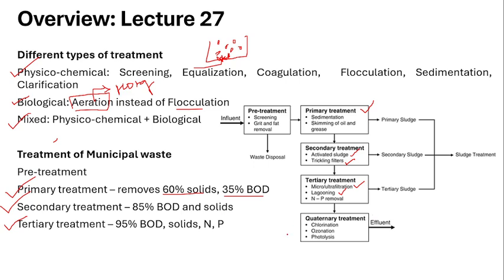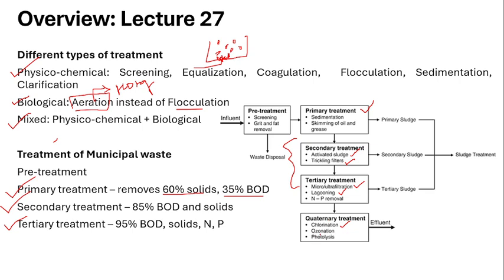Finally, the quaternary treatment is nothing but your disinfection. So disinfection is to ensure that whatever microorganisms are used in the treatment process should not be alive in the drinking water. To ensure the killing of the microorganism, disinfection is happening, which is the quaternary treatment. So the first step can be chlorination by using chlorine, bleaching.